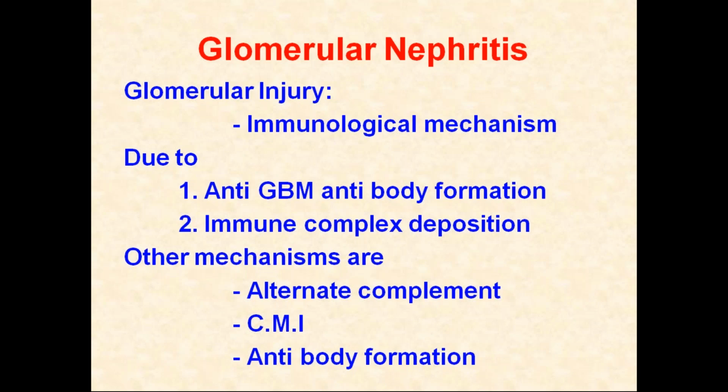The various mechanisms involved in this type of immunological injury are the complement pathways, that is the alternate complement pathway, cell-mediated immunity, as well as antibody formation. So all this we have already discussed.